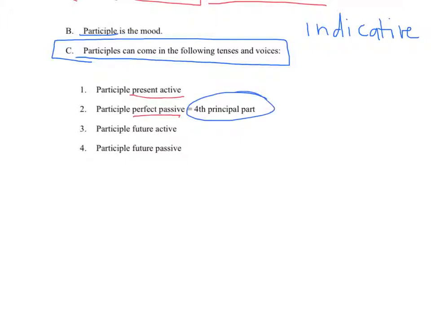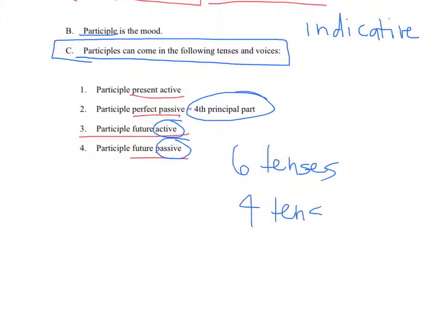That's the 4th principal part. That is nothing new. You've already used it and learned how to form it. It's taken straight from the 4th principal part. The participle future active and the participle future passive. So 4 types of participle only. There are 6 tenses total in Latin, but a participle can only use 4 of those tenses.